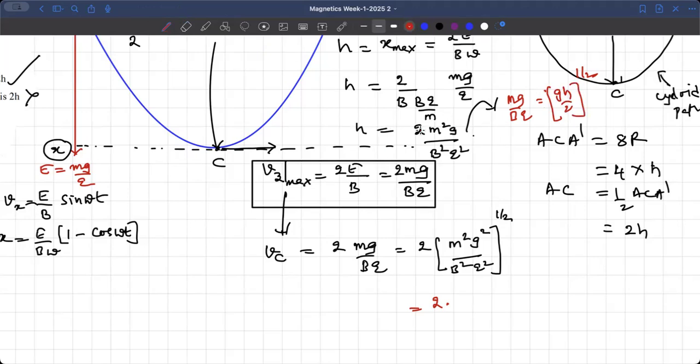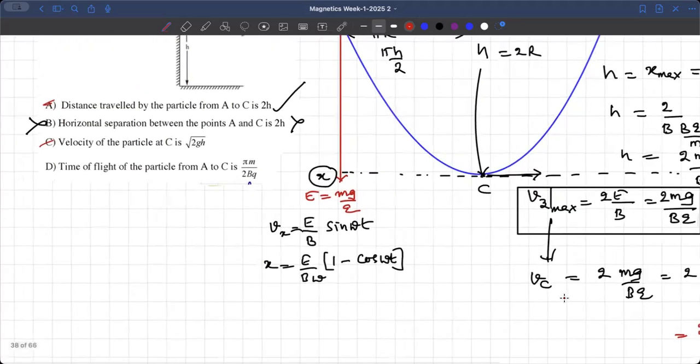You want 2 mg by Bq here. That's what you want. So 2 mg by Bq is nothing but 2 times under root gh by 2. This is nothing but root 2gh. Right.